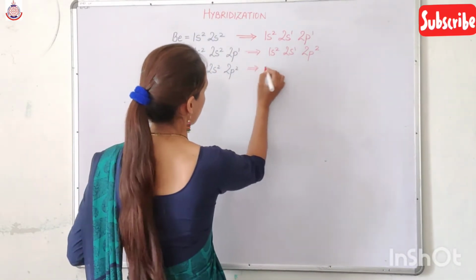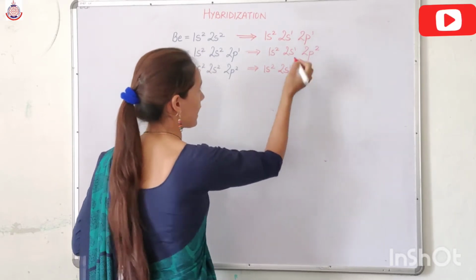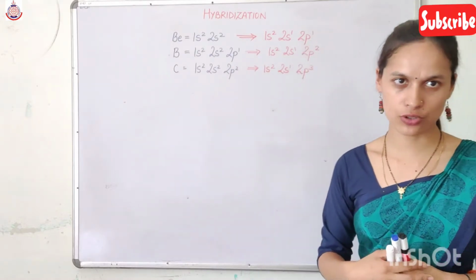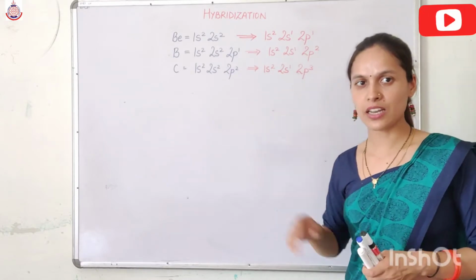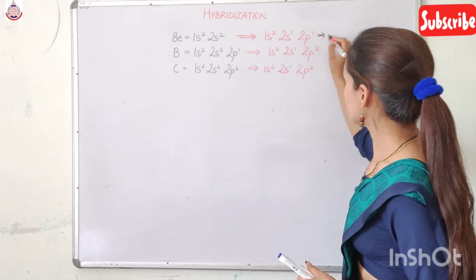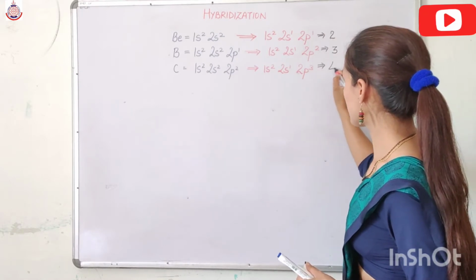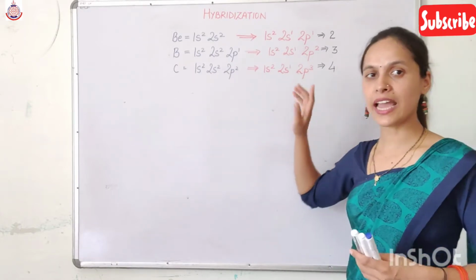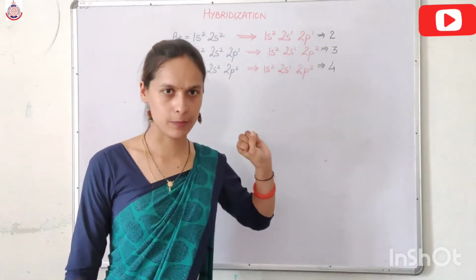And similarly, if I move one of the electrons from s to p, I get 4 such orbitals in carbon having half-filled electrons. So if I get the configuration like this, then I can explain the covalency of beryllium as 2, boron as 3, and carbon as 4. On the basis of this configuration, I can explain the covalency of beryllium, boron and carbon.